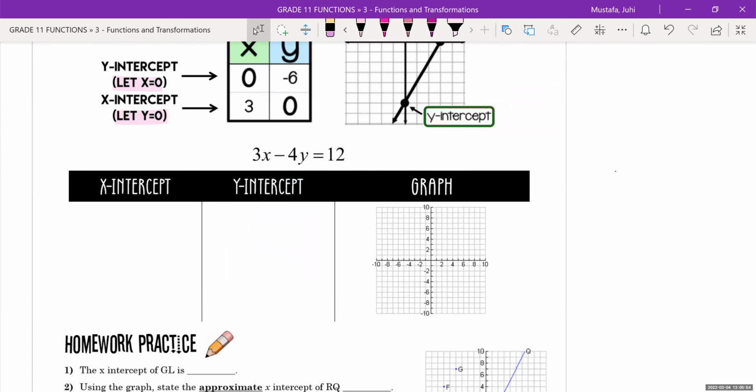So I have 3x - 4y = 12. To find the x-intercept, what I'm going to do is I'm going to let y equal 0, and then I'm going to solve. So 3x minus 4 times 0 is equal to 12.